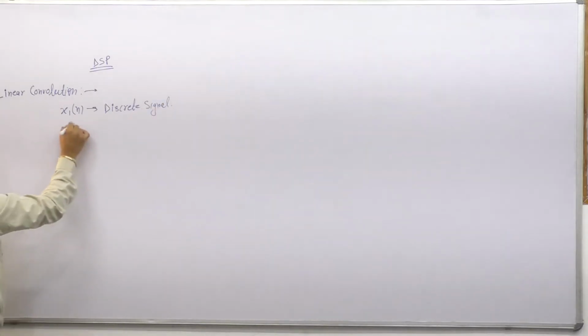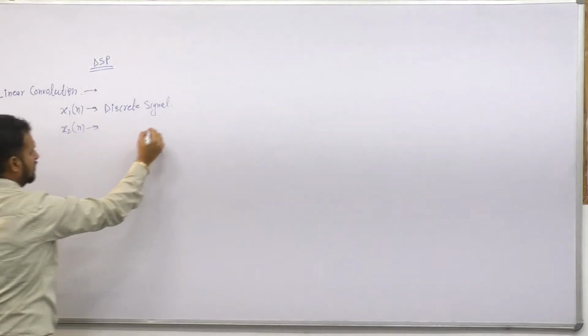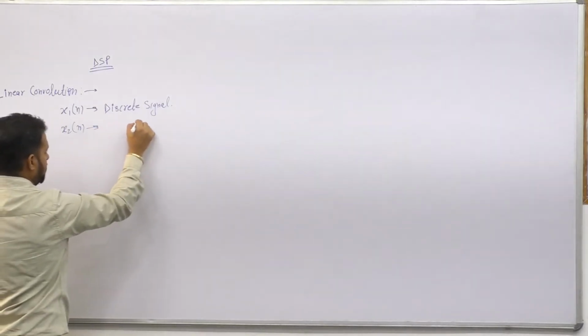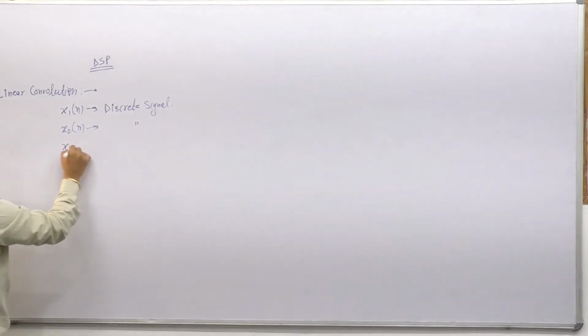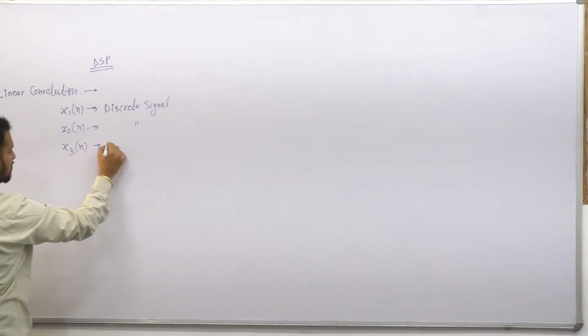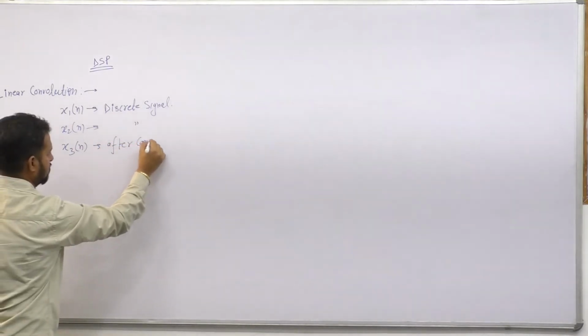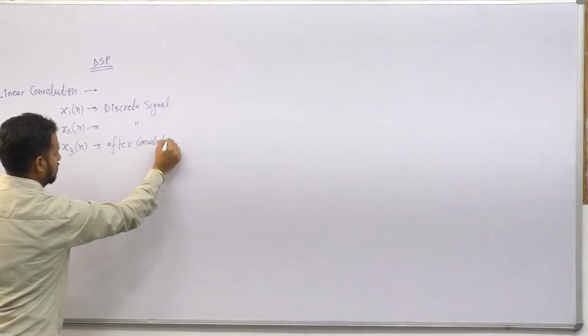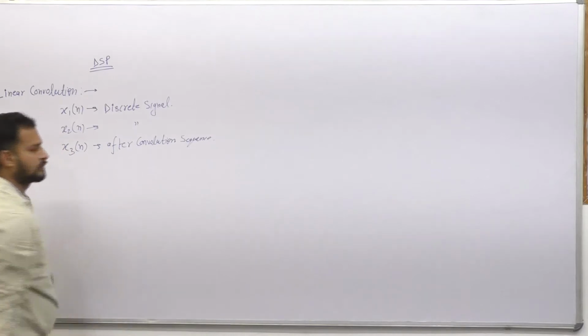This is the next sequence, x2(n), again a discrete signal, and x3(n), which is the linear convolution sequence after convolution. These are the representations.